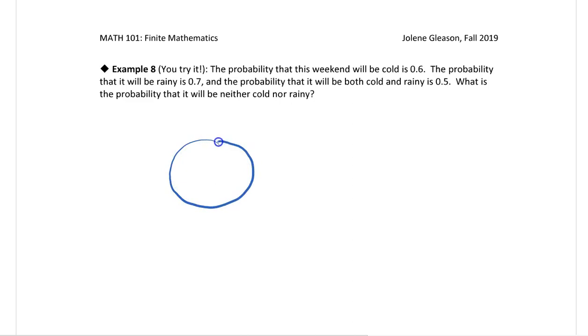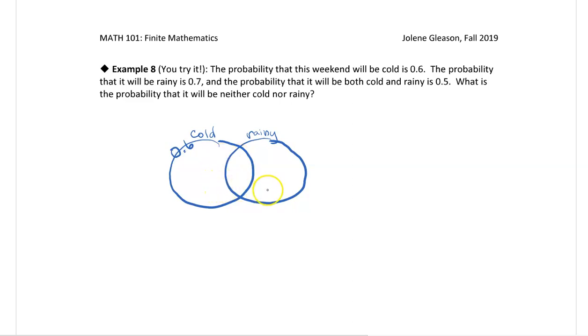We've got outcomes where the weather is cold. I'm just going to write it so it's a little more clear. And we have outcomes where it can be rainy. We know that the probability of being cold is 0.6.